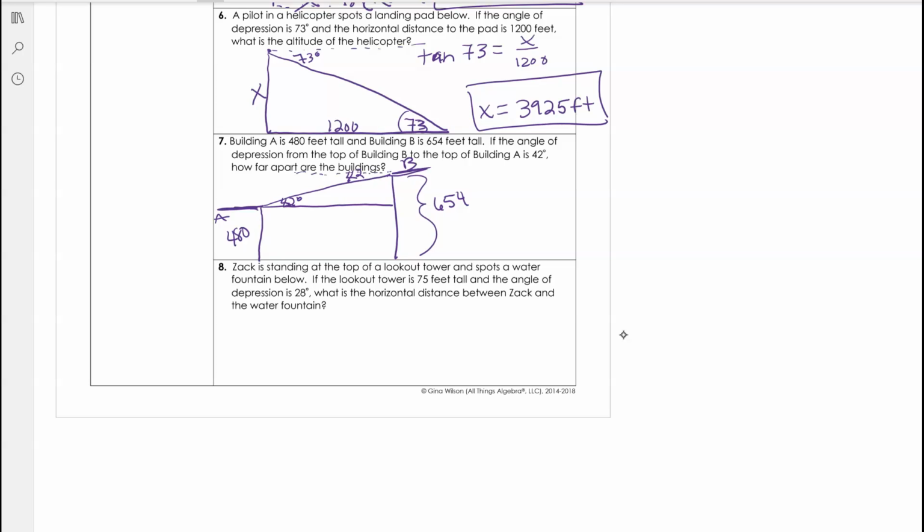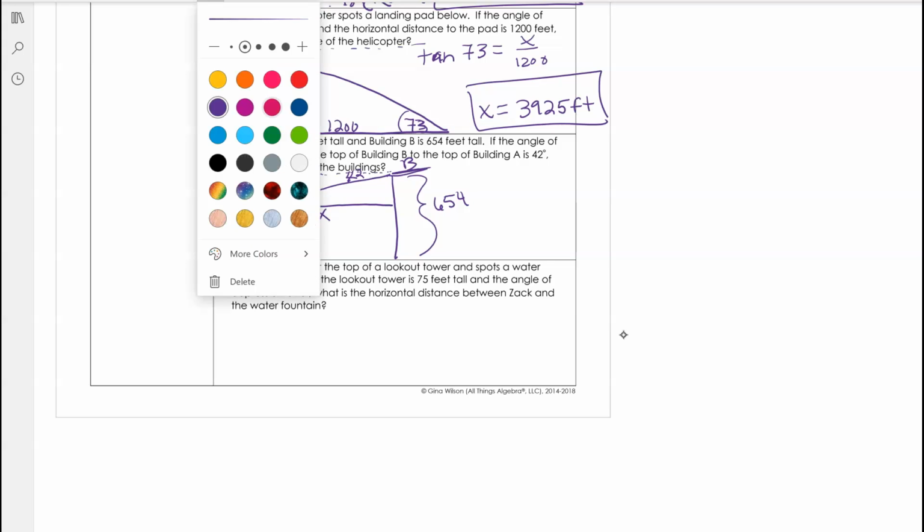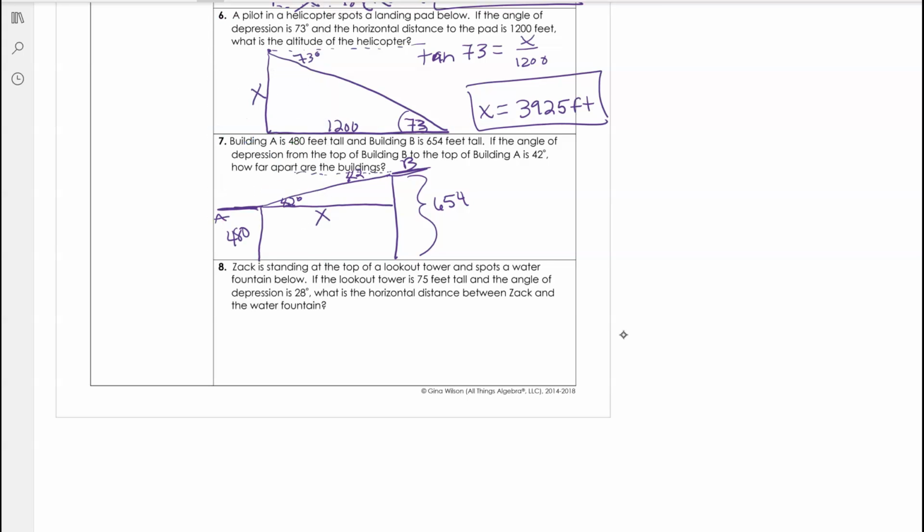We want to know how far apart they are. So this is what we're looking for. We can find this measurement right here by simply subtracting 654 minus 480, and we end up with the answer 174.